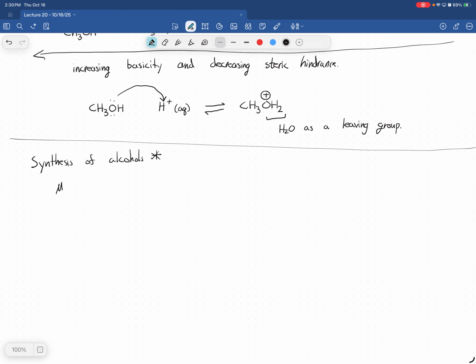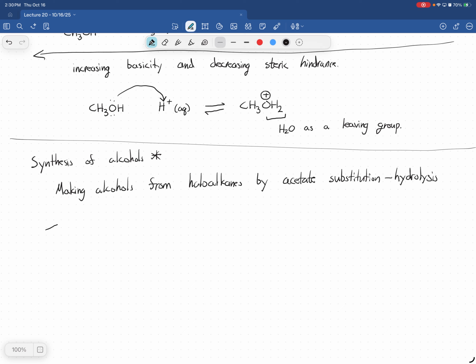So, making alcohols from haloalkanes by acetate substitution / hydrolysis.